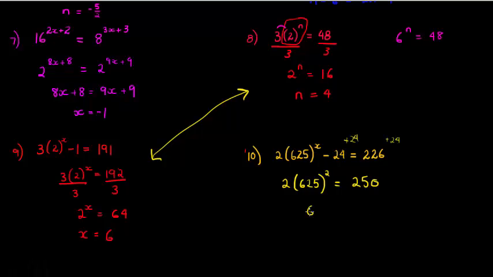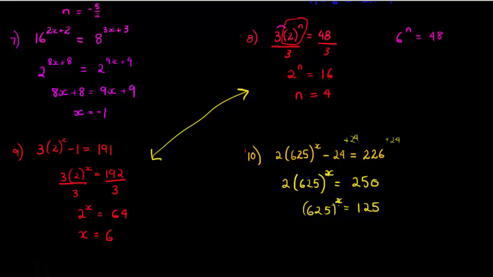Then I divide by 2, so it's 625 to the power of x is equal to, divide both sides by 2 to get rid of the coefficient, 125. Now getting the bases the same, sorry, this is not 2, that should be an x, I apologize.